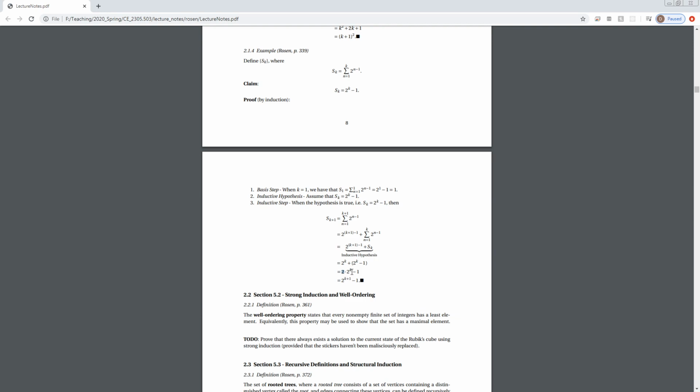So we increase the exponent by 1 because it's the same as the base, this new term. And so we get 2 to the k plus 1 minus 1. K plus 1, 2 to the k plus 1 minus 1, or 2 to the n minus 1, or whatever. And that's exactly what we were trying to show. So we've done it.